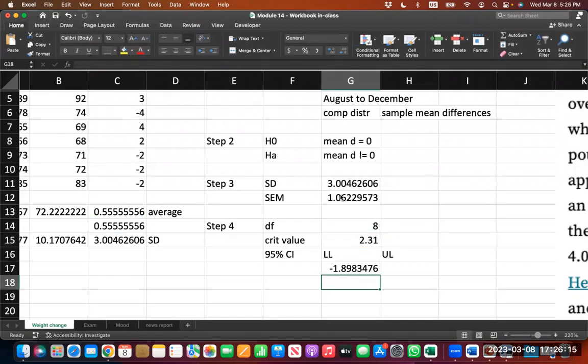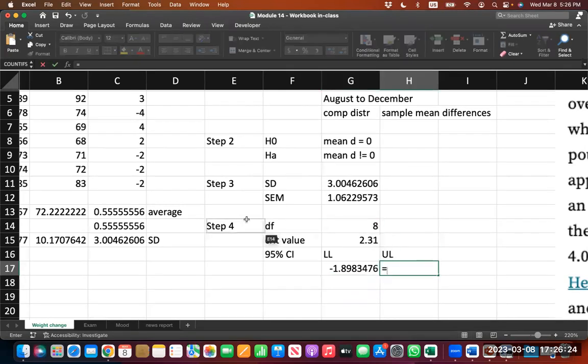That's minus 1.8 or minus 1.9. Well, the upper limit equals 0.56 plus 2.31 multiplied by the standard error of the mean. And that's 3.01.